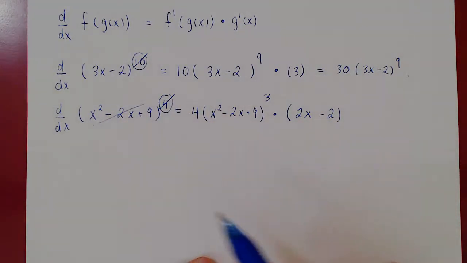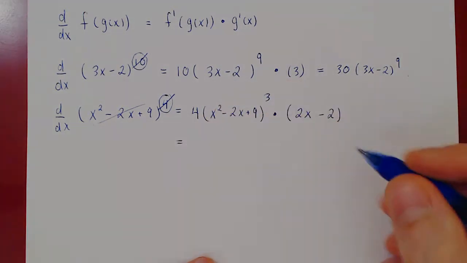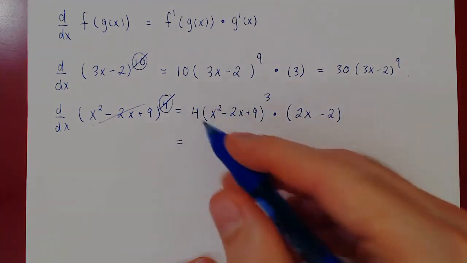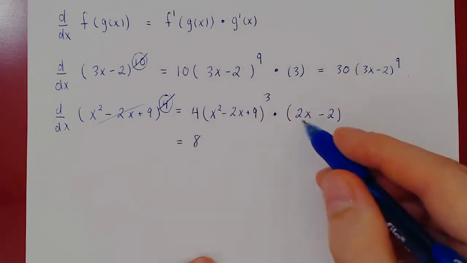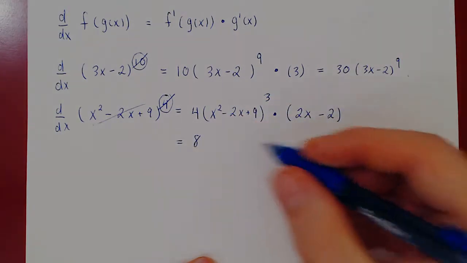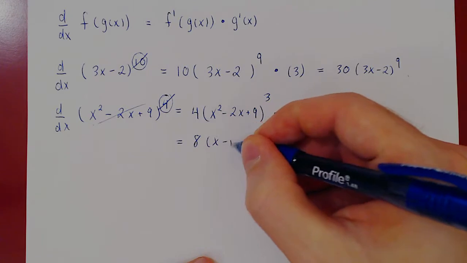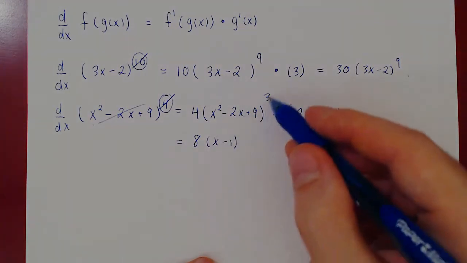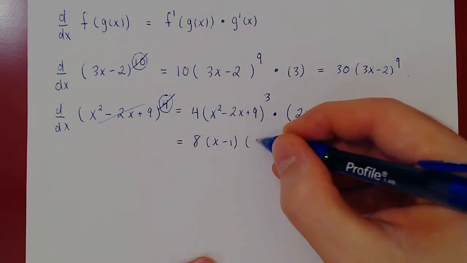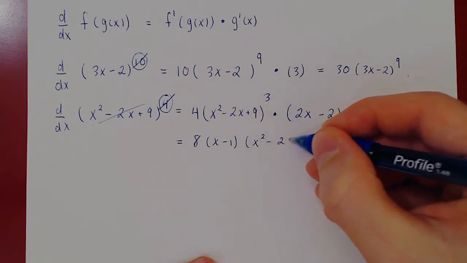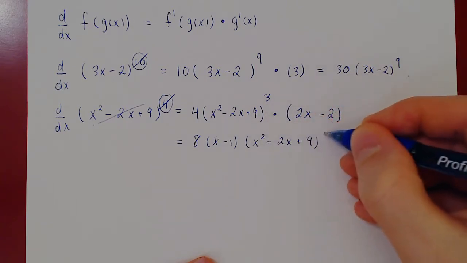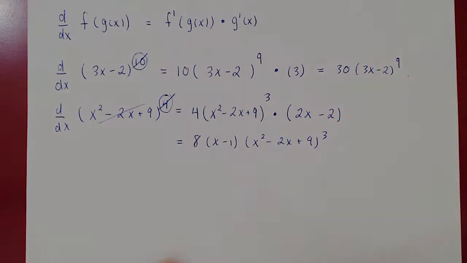There is nothing left over, so we're done with the differentiation. Here, we can factor a 2 and have an 8. 2 times 4 is 8. If we factor 2, we're left with x minus 1, so it's 8 times x minus 1, times the cube of our quadratic. So x squared minus 2x plus 9, all cubed.